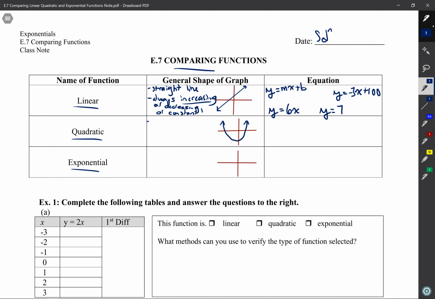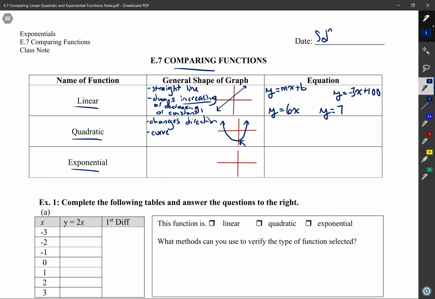Either way, it's going to change direction at a vertex at some point. And it's not a straight line here, it's a curve. We need to be careful when we're drawing in our parabola. It's always going to be a smooth curve.